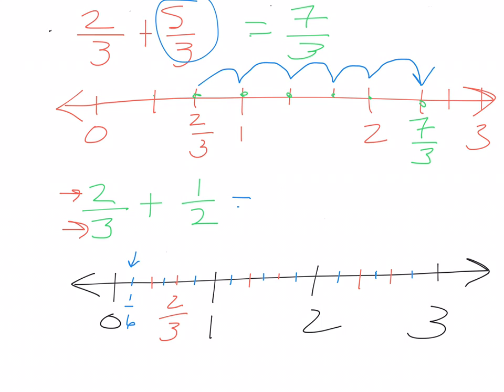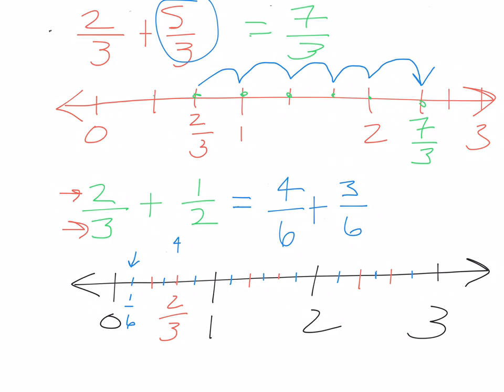So we still have 2/3 plus, and then 1/2 we know is equal to 3/6. And 2/3 in the sequence of 6 is equal to how many 6? 2/3 is equal to how many 6? 4/6. Aha! Now we can count by 6. Now our fractions have the same denominator. So 2/3 is equal to 4/6.